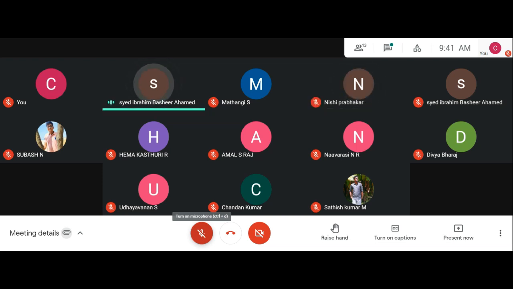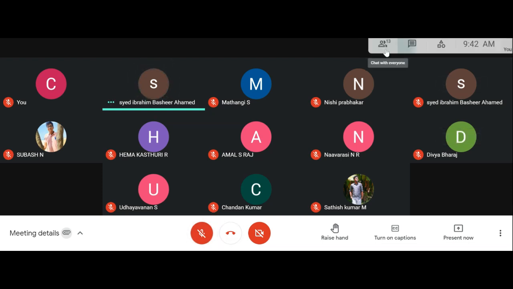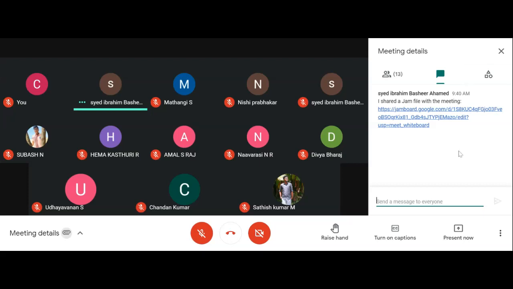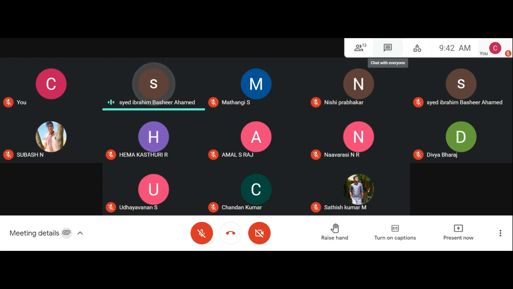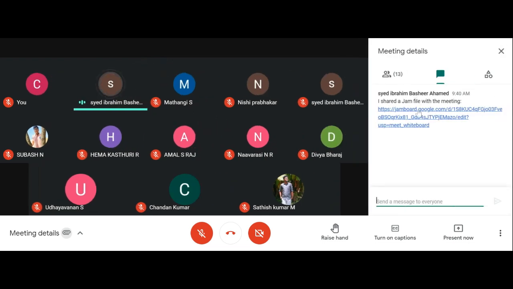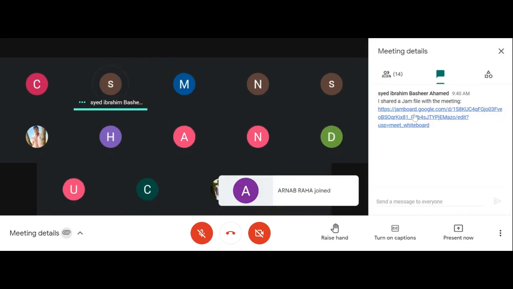It's showing like Shubha's name, Hema Kasturi, Navarasi. Yes, sir, it is actually opening in another tab. Okay. So just check everybody, whether you are able to see it.